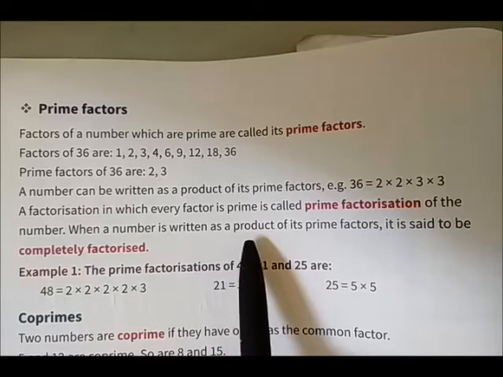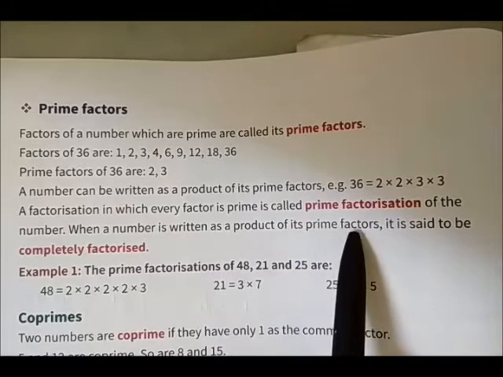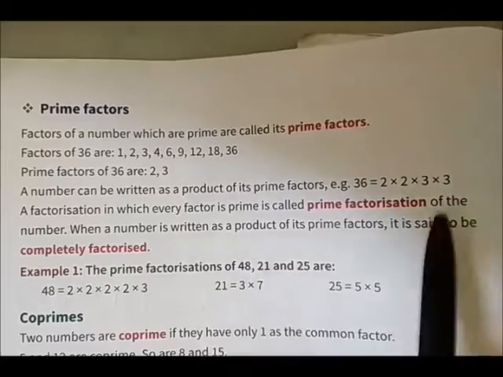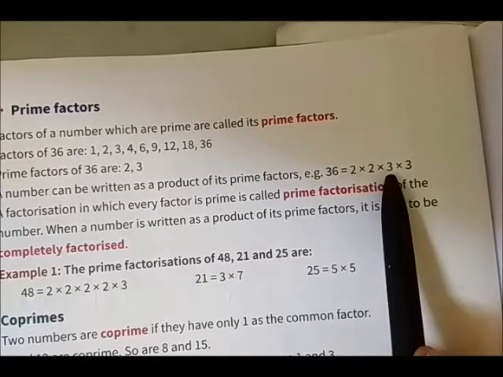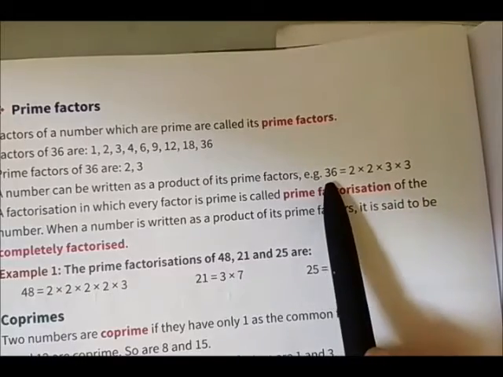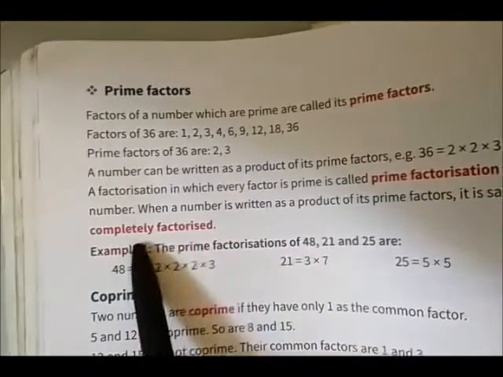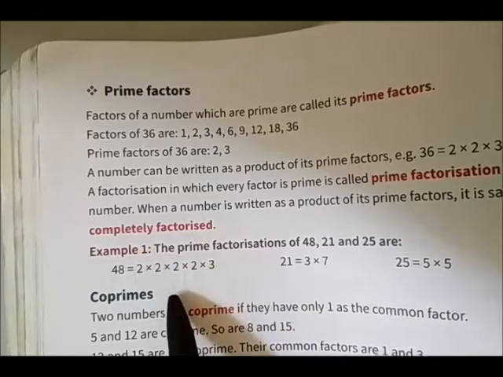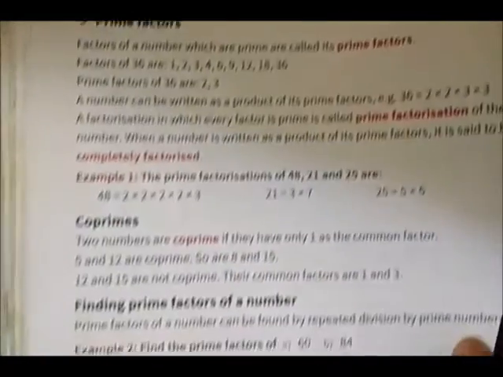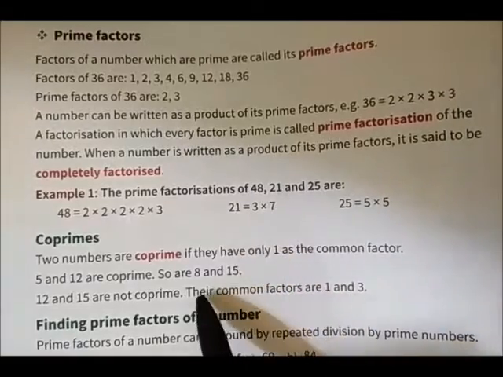We have written 36 as a product of its prime factors, so we will call 36 completely factorized.